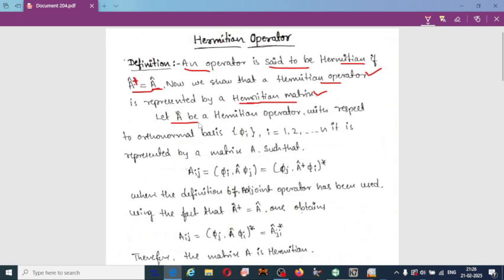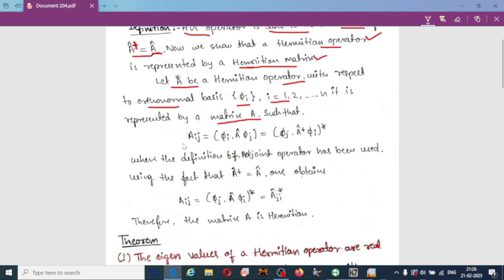Let A cap be a Hermitian operator with respect to the orthonormal basis given by phi i, where i is equal to 1 to n, represented by matrix A such that the element A ij, in the ith row and jth column, is equal to the inner product phi i comma A cap phi j.